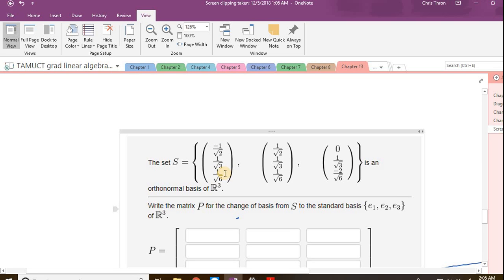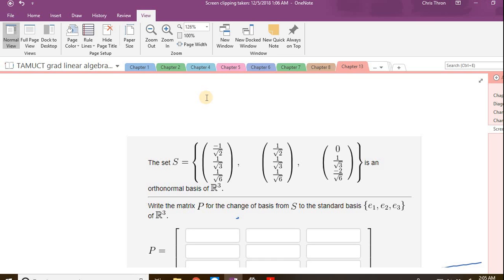Or the dot product? In fact, you didn't even need to work it out. That's what orthonormal means, right? Normal means that the length is 1. On the other hand, suppose you take the inner product of this one with another one of these vectors. What are you going to get? You get 0. That's right.